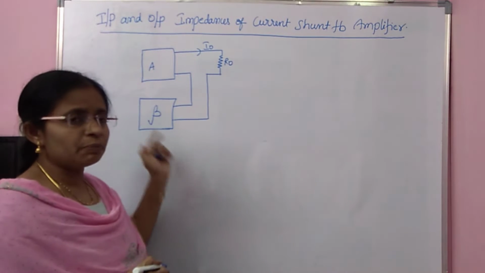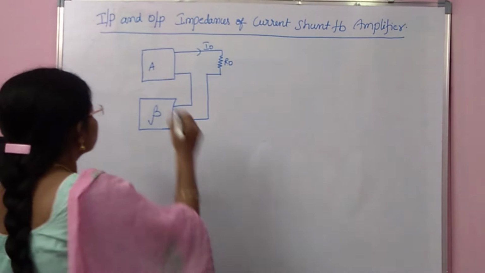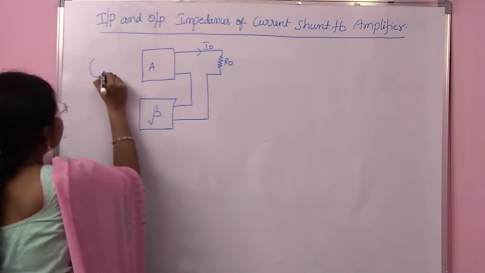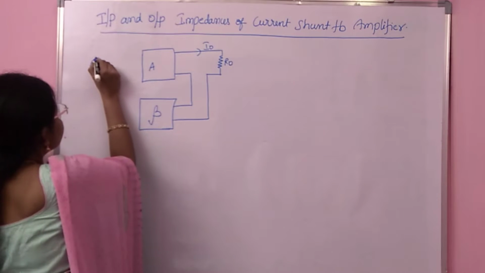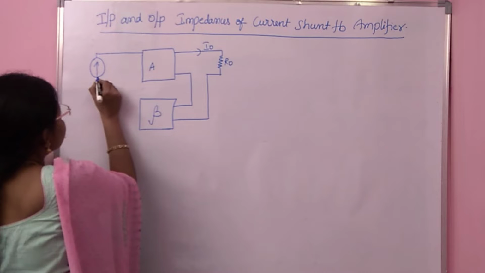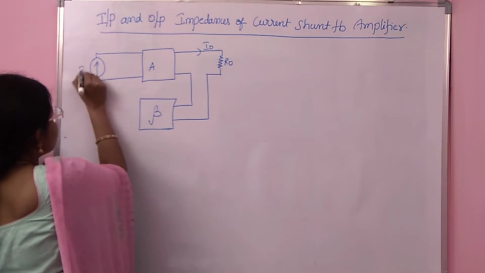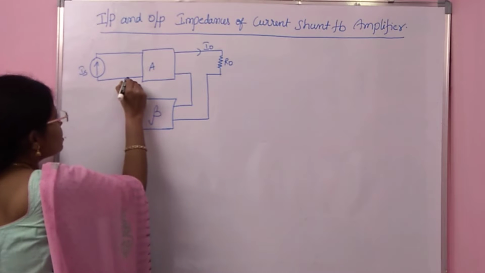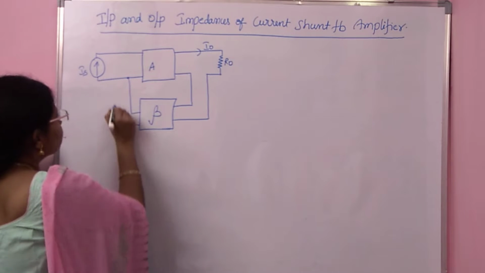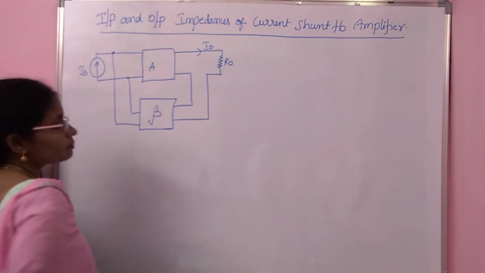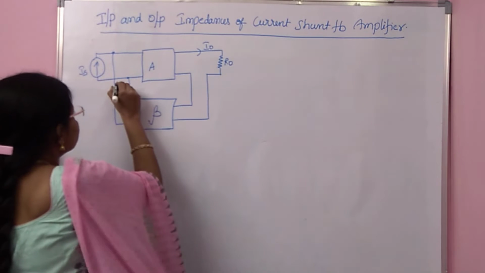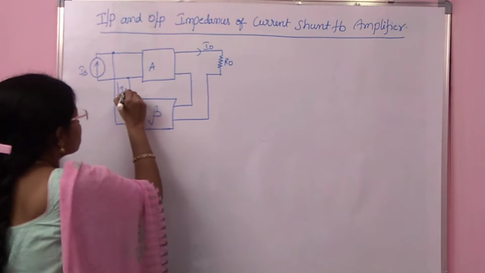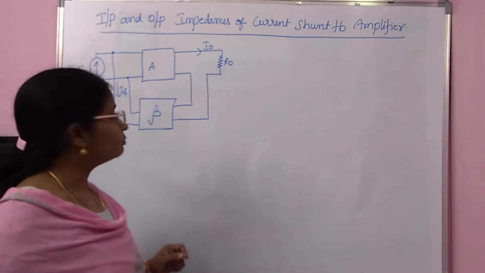For shunt mixing, the input must consist of a current source. This is IS, and the feedback current is mixed in shunt like this. This is your IF, because your feedback is negative.